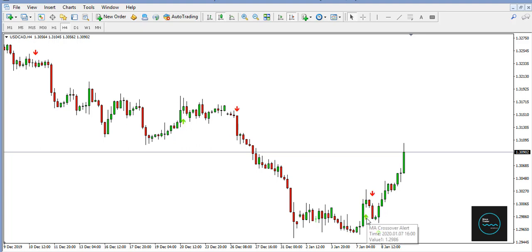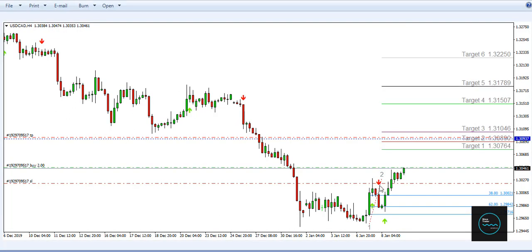Of course, I did not get into this trade early, but you can see that I eventually got in. Now I'm just going to show you a still shot of the trade I took, so you will see what I'm talking about. This was the trade that I took today, a few hours ago, and you can see that we had a very valid wave bottom situation.